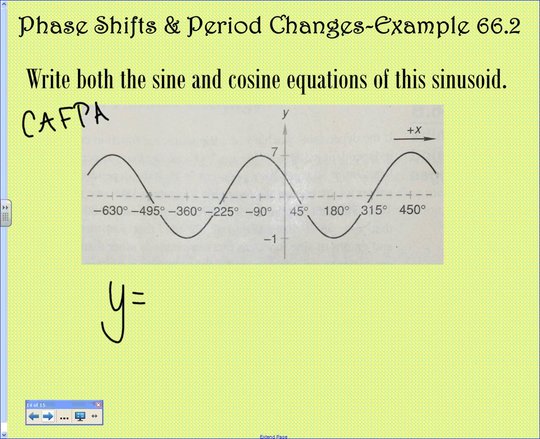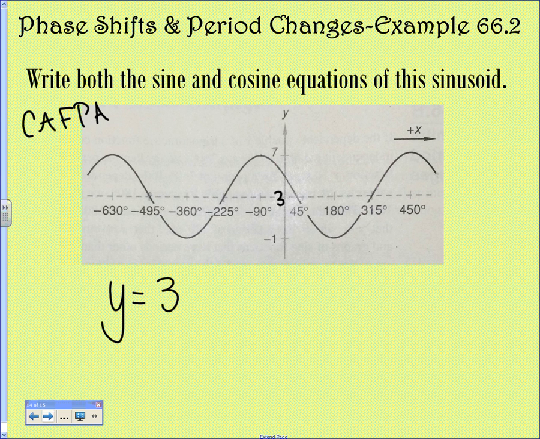What is our center line? What's halfway between 7 and -1? 3 plus 4, 3 minus 4. You can see that one. So our center line is 3.